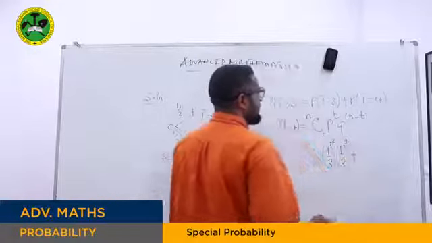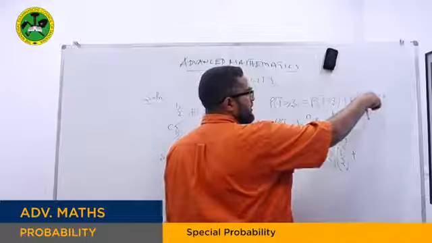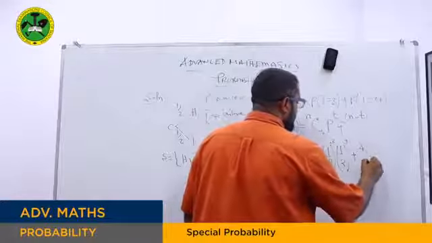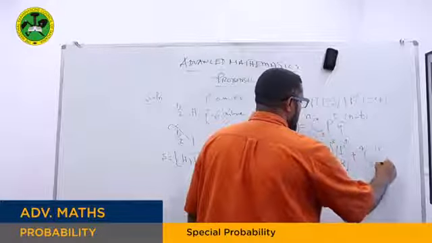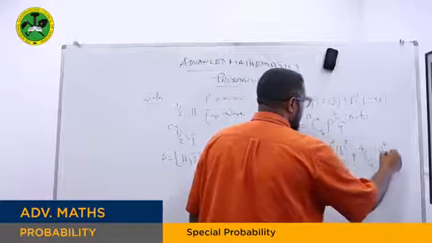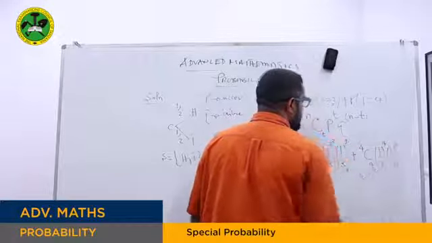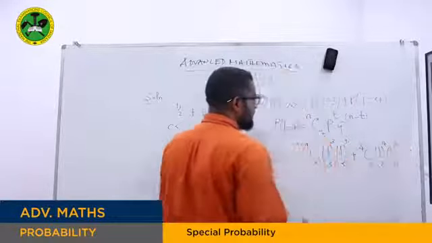Then we add the probability when tail equals 4. So it is 4 combination 4, 1 over 2 to the power of 4, and 1 over 2 to the power of 0, which is equal to 1.